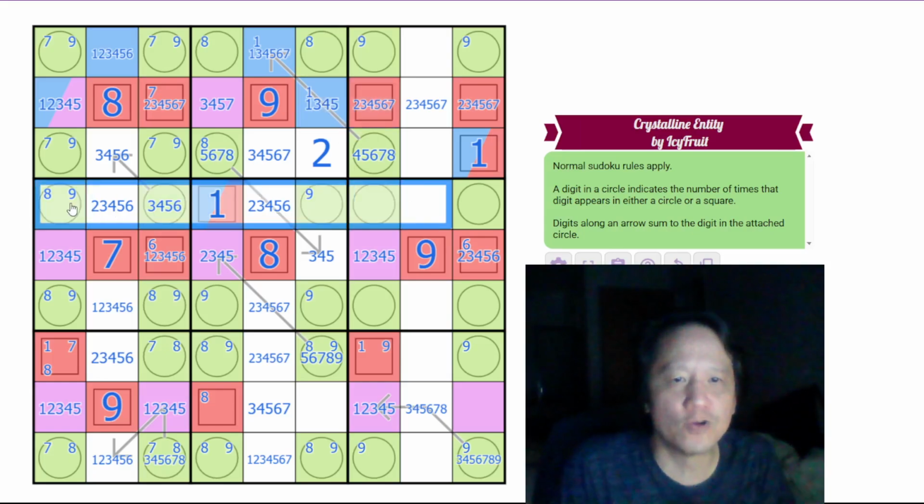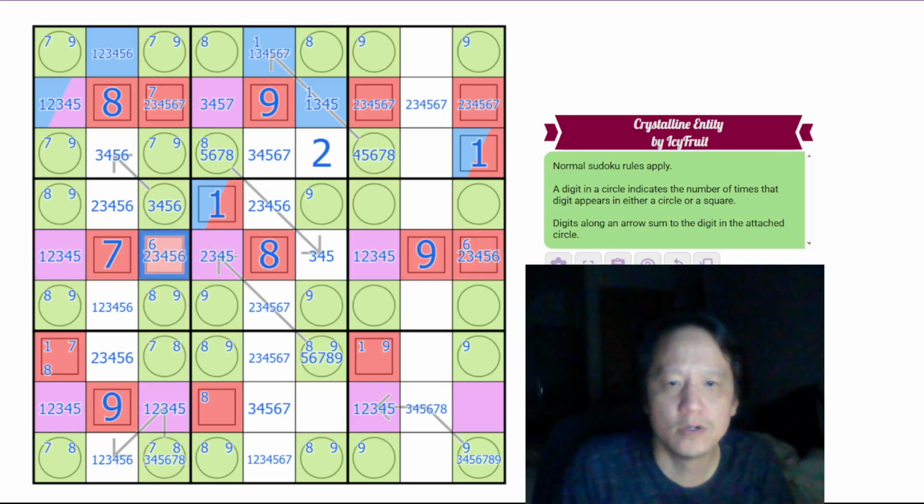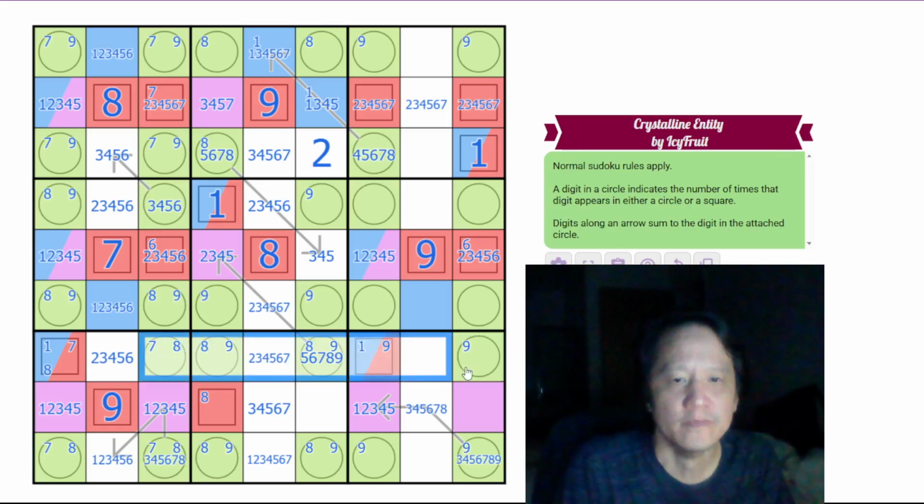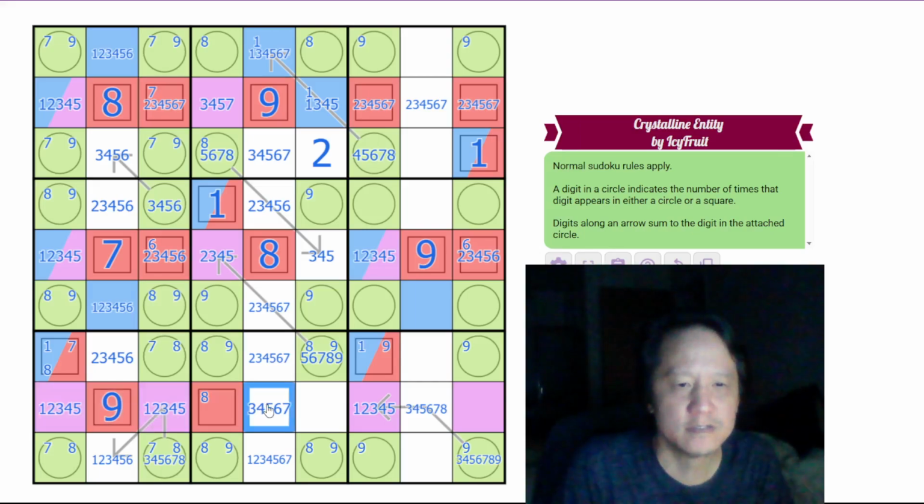We already have it for row 4. Row 5, it cannot be here, so it has to be one of these 2. In row 6, it can't be here, so it's one of these 2. In row 7, it's one of these 2, again, because it can't be 2, 5, 8, and it cannot be part of the circles. In row 8, it's a lot of things.